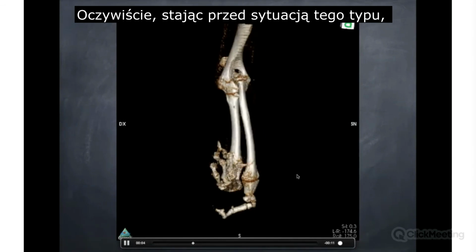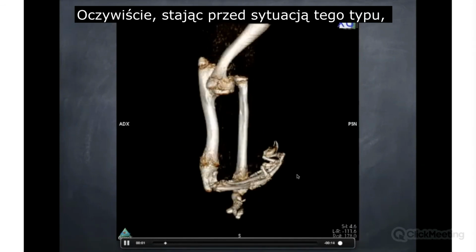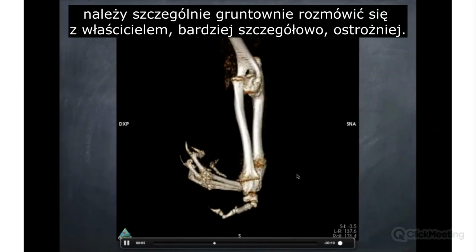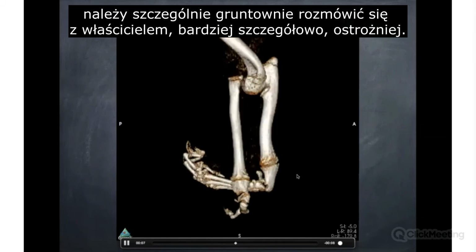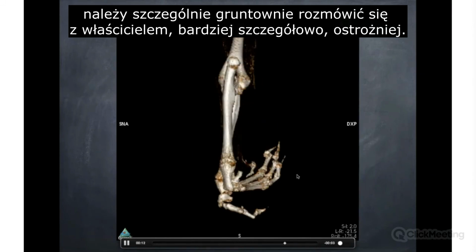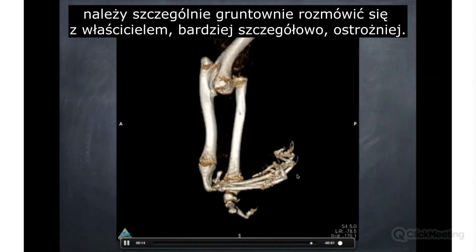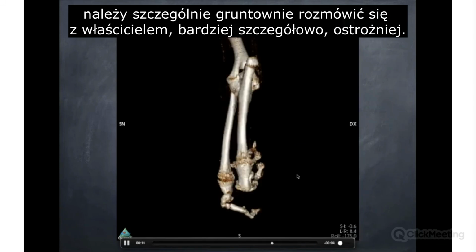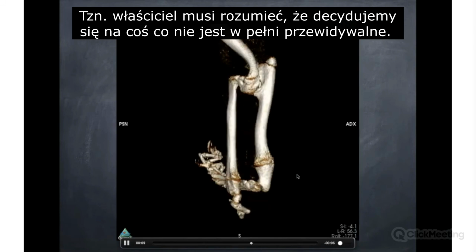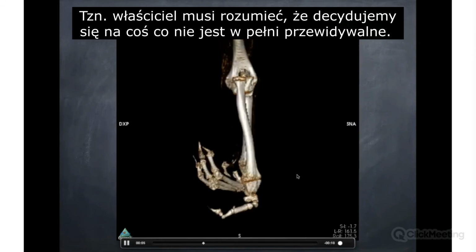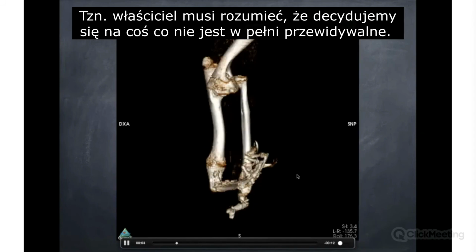Of course, when we have to confront this kind of situation, the talk with the owner should be a thorough talk, and this should be even more thorough, even more detailed, even more cautious. I mean, this owner should understand that we are not dealing with something that is completely predictable, okay?